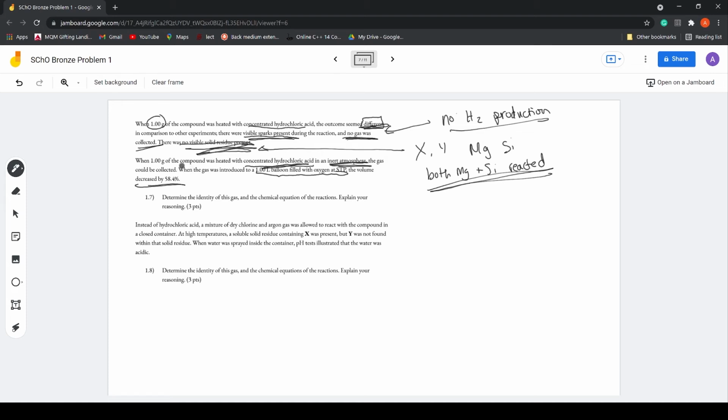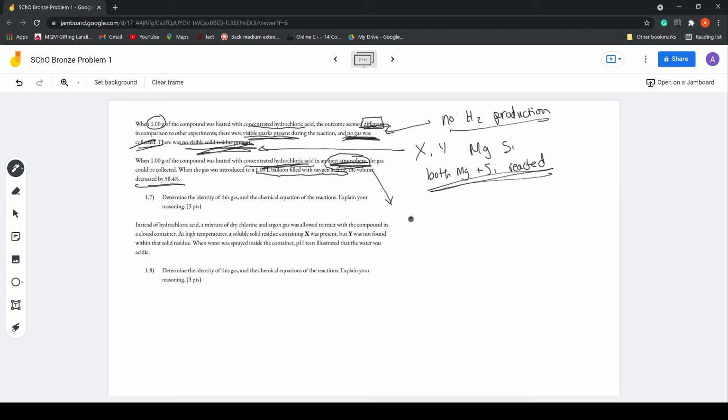Basically, when we're heating this in an inert atmosphere, a gas was produced. It was because the atmosphere was not inert that it maybe reacted, and no gas could be collected. But when there's an inert atmosphere, there is a gas produced.